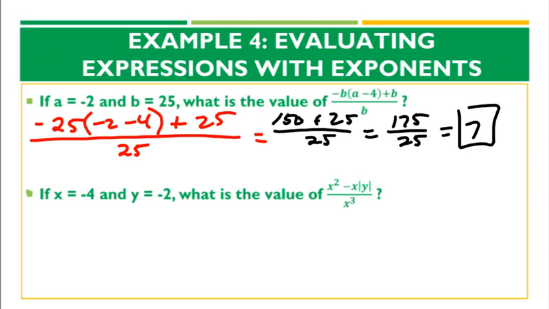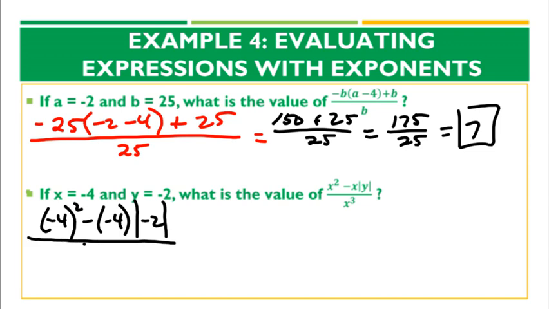The last one on this slide, we have x is negative 4 and y is negative 2. What is the value of x squared minus x times the absolute value of y, divided by x cubed? So x is negative 4. I need to square that, minus negative 4 times the absolute value of y, which is negative 2, divided by negative 4 cubed. So let's simplify what I have on top.